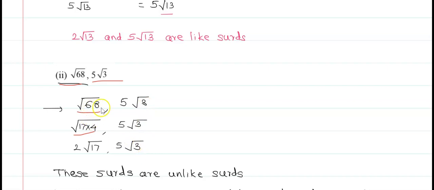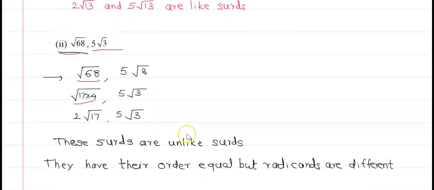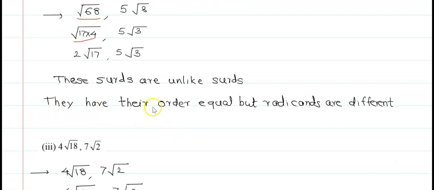But 68 can be factorized like this, 17 into 4. Now what is the square root of 4, which is 2? So here we have 2 root 17 and 5 root 3. Now in this case, the order is the same, but the radicand is different. Therefore, the surds are unlike surds, though they have the same order, but the radicands are different.